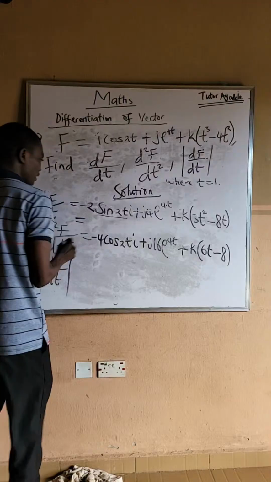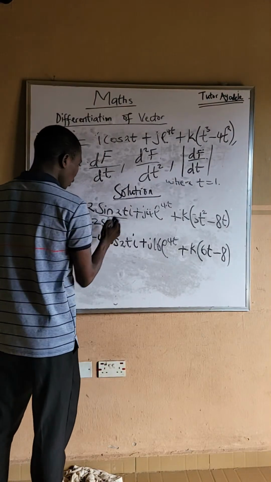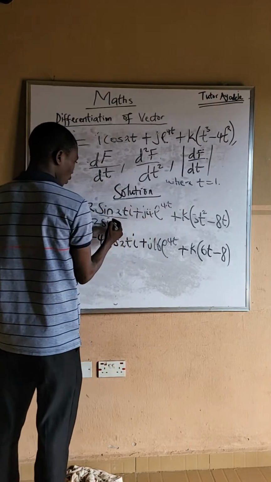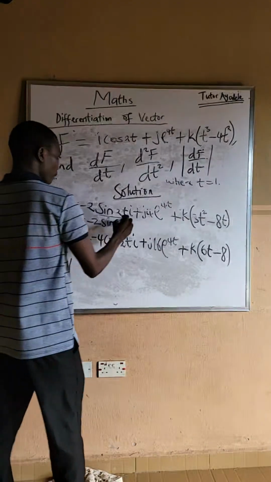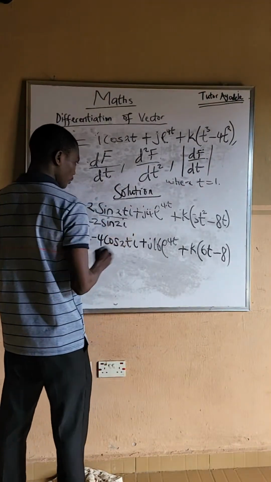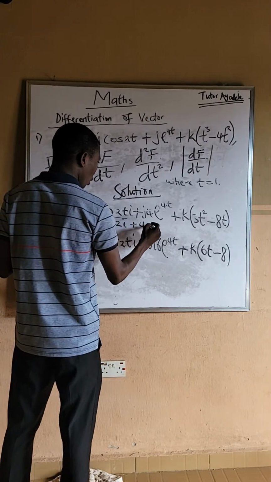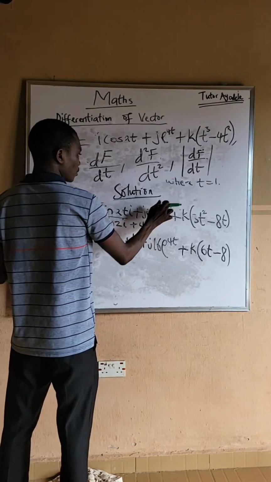So if I replace it, I will have minus 2 sine of 1 times 2 times 1. You know t is 1. It will give me 2, sine 2. Okay. You can put your i here. Plus 4 e exponential 1 times 4 times 1.